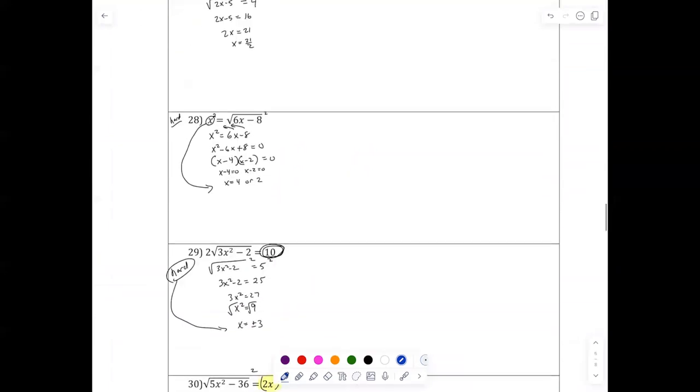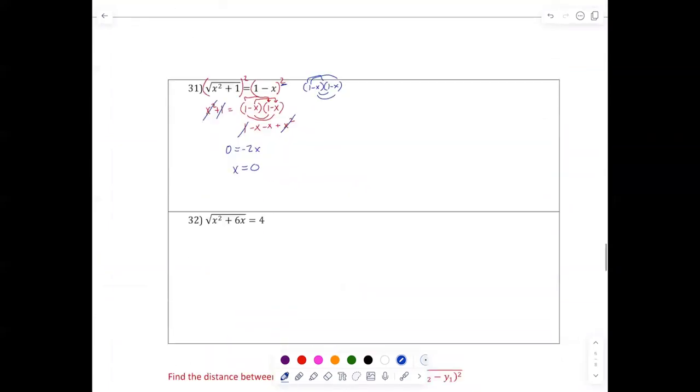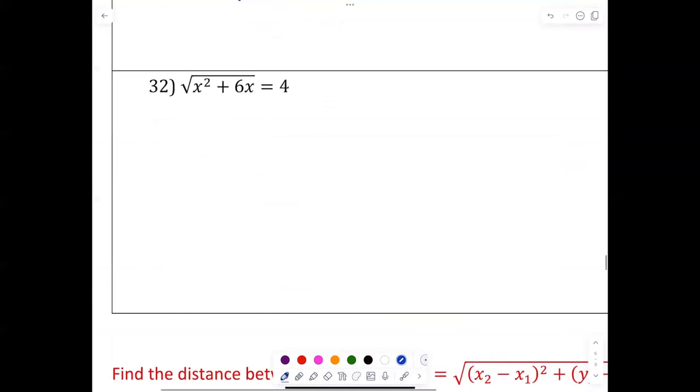Wow, I've been doing all of them. All right, that's okay. Square both sides here. So I have x squared plus 6x equals what? 16. Move the 16 over. X squared plus 6x minus 16 equals 0.